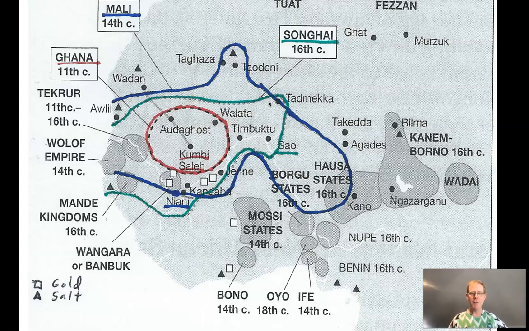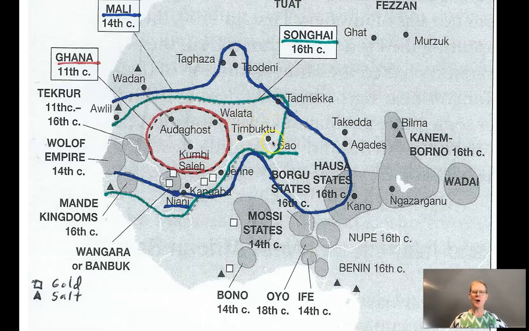Finally, those mines are going to play out in a couple of years, and they'll be replaced by these mines down here. Once again, it kind of looks like Mali could still benefit from that, but not so much, because the gold from these mines is going to come up the Volta River, up over here, and that's going to go up toward Gao and Timbuktu.